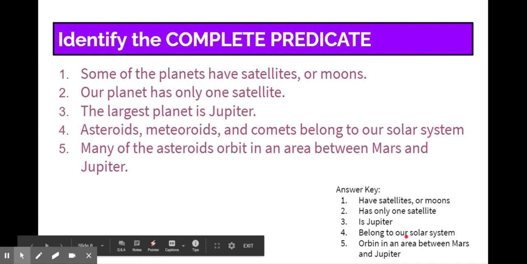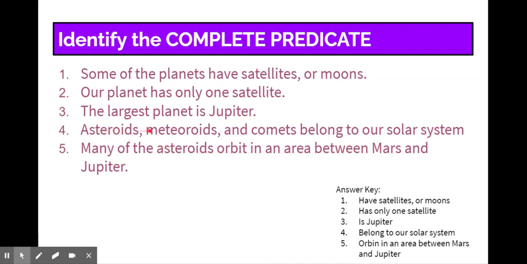That means belong to our solar system right here, the last part, because this complete subject is asteroids, meteoroids, and comets. And the last one, number 5, many of the asteroids orbit in an area between Mars and Jupiter. Well, we're talking about many of the asteroids. So that's where the complete subject ends, which means the complete predicate starts here.